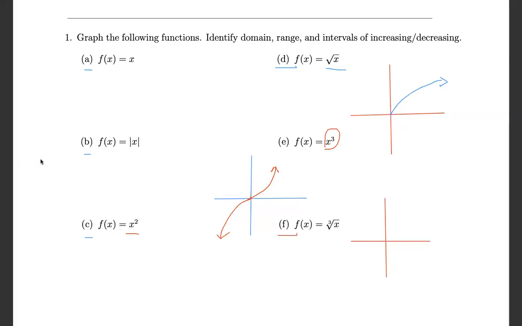Let's use blue color to draw. So we have one piece going like this in the first quadrant, and another piece wiggles at the origin. Then the other piece goes this way. So this is the cube root of x.